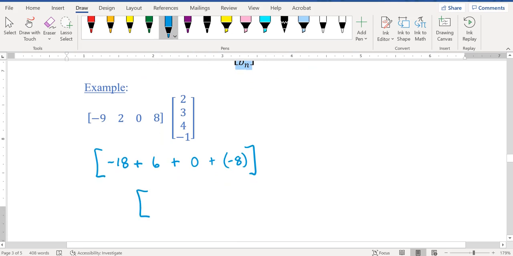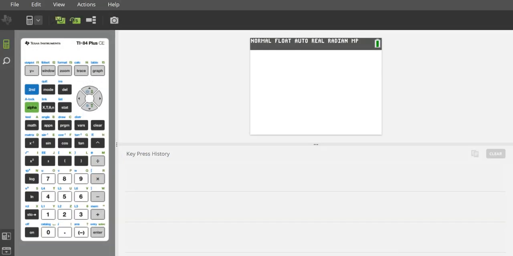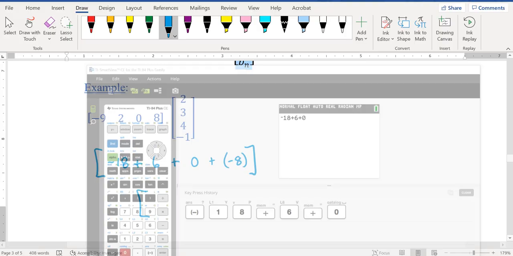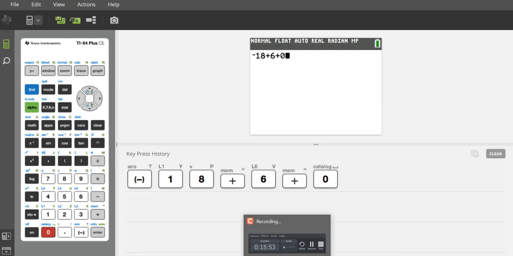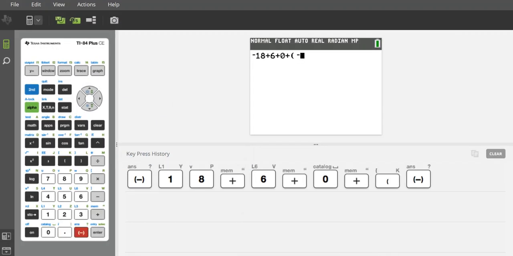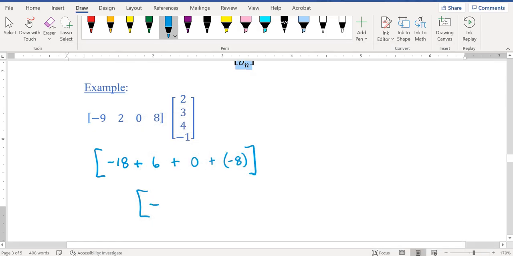What is that going to be? Hold on. Okay, -18 plus 6 plus 0 plus -8. I get -20. So I get the 1 by 1 matrix, -20.